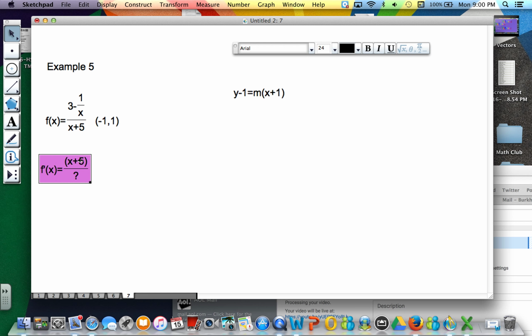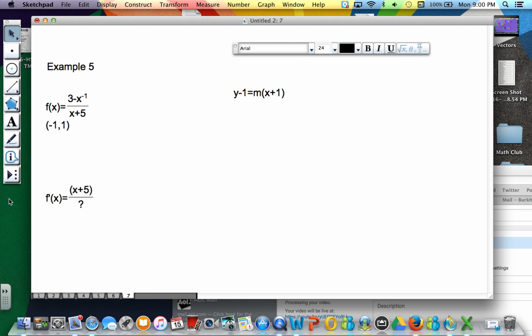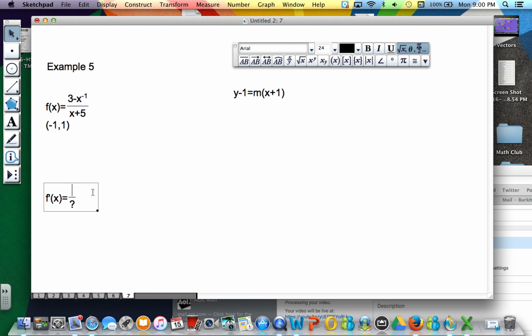Well, before I even start differentiating, would one agree that this 3 minus 1 divided by x, in differentiation user-friendly form, is the same thing as 3 minus x to the -1? So, going back to finding the derivative, f prime of x, I take my denominator times the derivative of my numerator. The derivative of my numerator is just 0 plus, because -1 times a negative is 1, x to the -2.